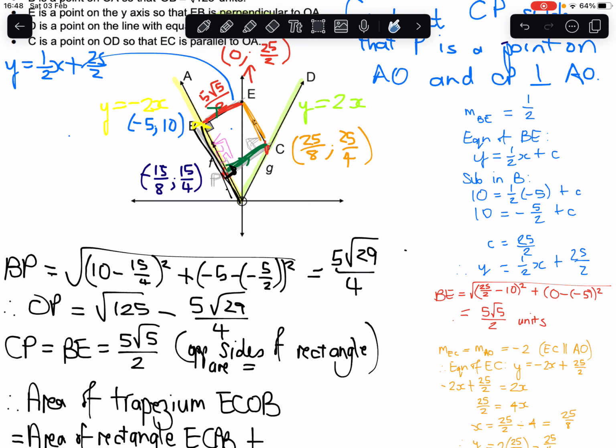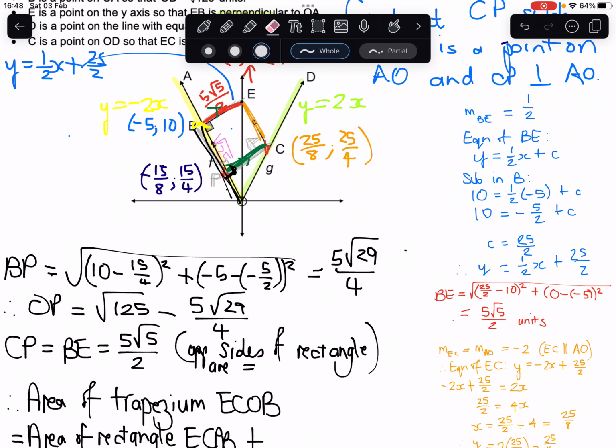Okay, so now BP is going to be 10 minus 15 over 4 squared, that's correct. Then minus 5 minus, wait, oh, the agony. The agony. Guys, what is the moral of the story? What is the moral of the story? I need meaning to this mess.